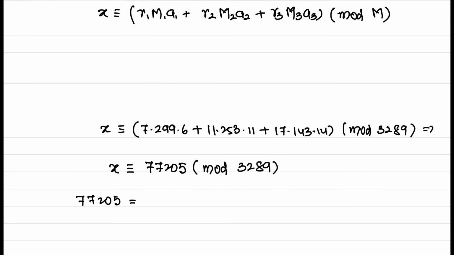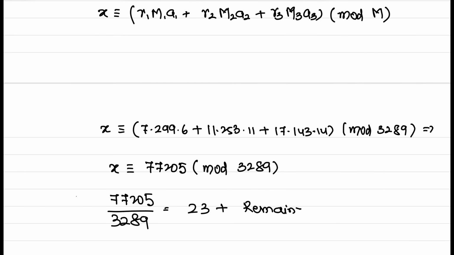In a simple way, you divide 77205 by 3289, it is a very simple arithmetic. 77205 divided by 3289 gives 23 plus some remainder, which we are not aware of.